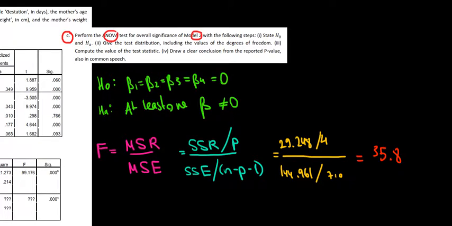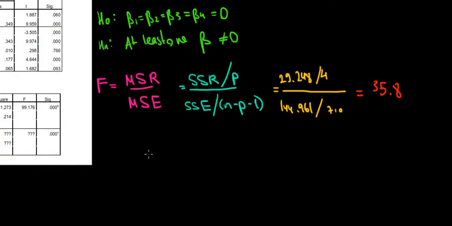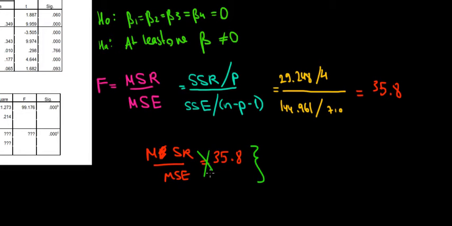Let's literally write this again in terms of the formula. That's MSR divided by MSE equals 35.8, meaning that the average variation explained by the regression is 35.8 times higher than what is not explained by the regression. Let's do that real quick in cross product.